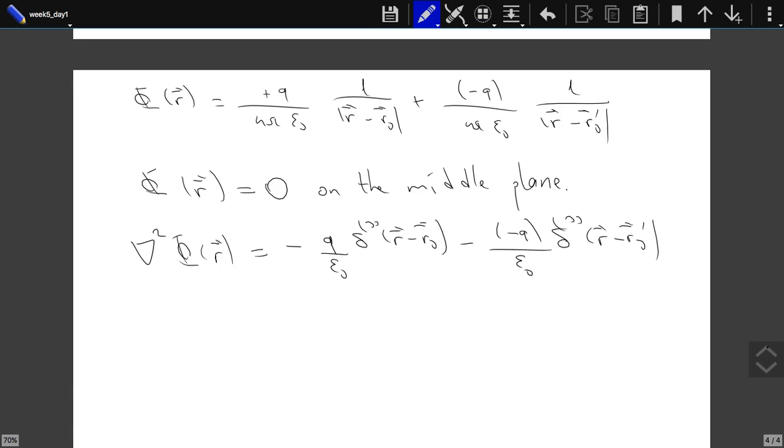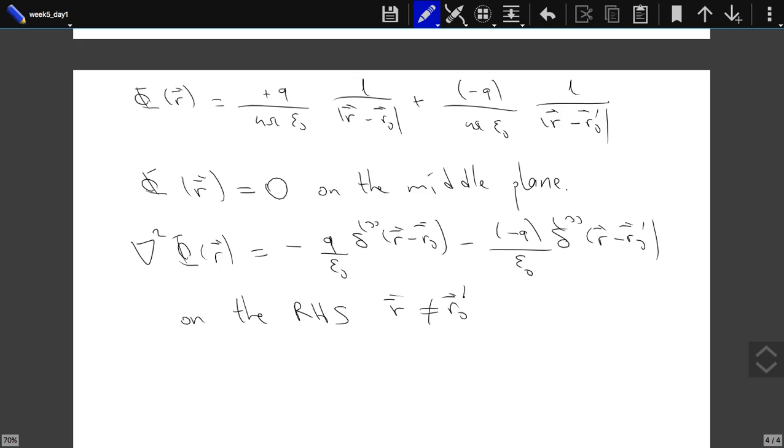But just pay attention to one thing. On the right-hand side, r is never equal to r0 prime. So on the right-hand side of this middle plane, this is always 0.